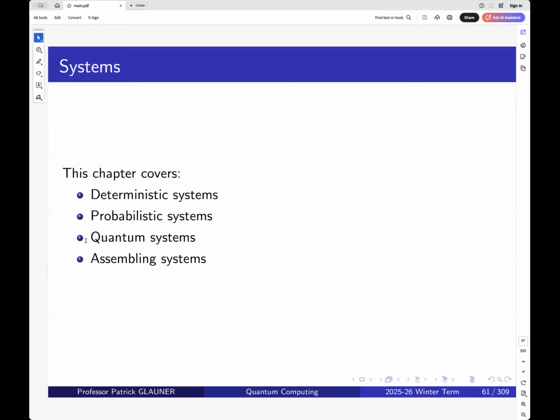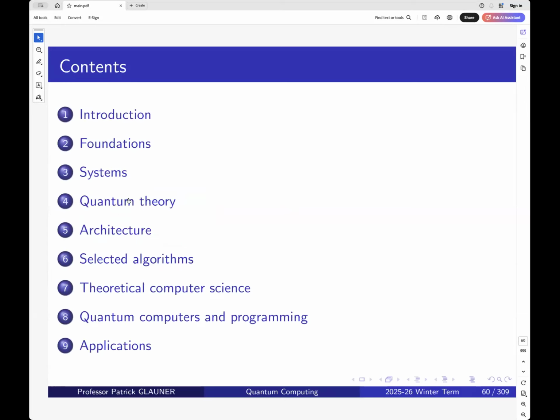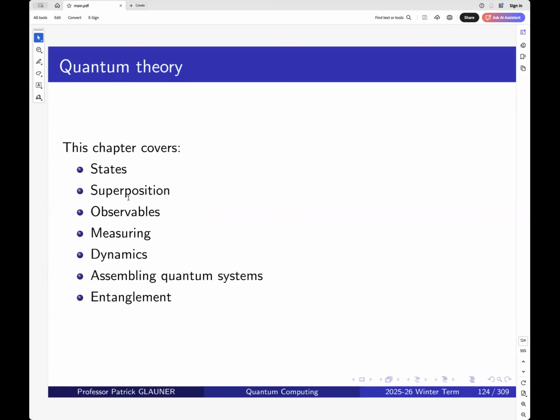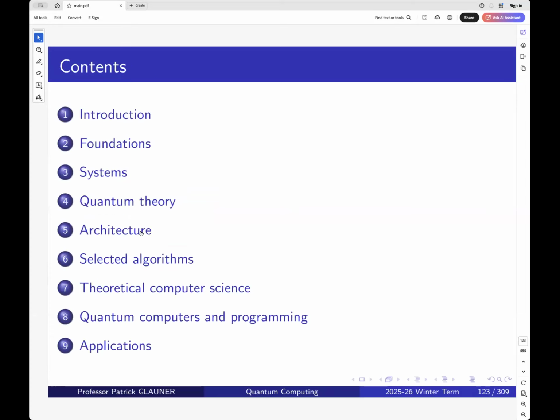And probably if you do the revision, there will be still some open questions around quantum systems, and that's fine because we will go deeper into the quantum theory next week. After next week, we have established all the foundations we need. So in 2 weeks, we'll be able to look into how we can actually exploit these concepts for computations.